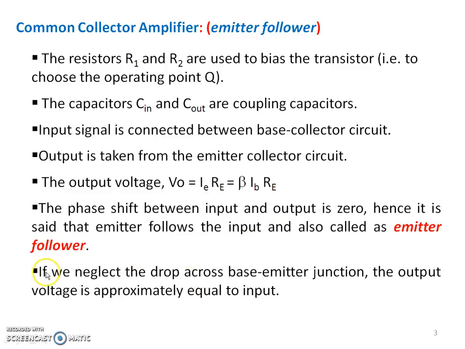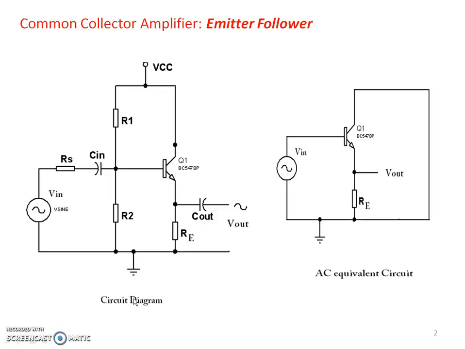Now we'll look at the last sentence. Here it is stated that if we neglect the drop across the base emitter junction, the output voltage is approximately equal to the input voltage. If we look at this circuit diagram, the input is connected between the base and ground terminals, and this signal will come to the base of the transistor.